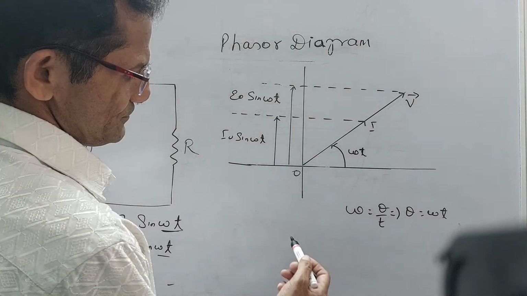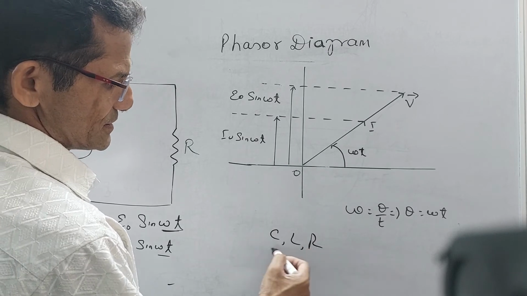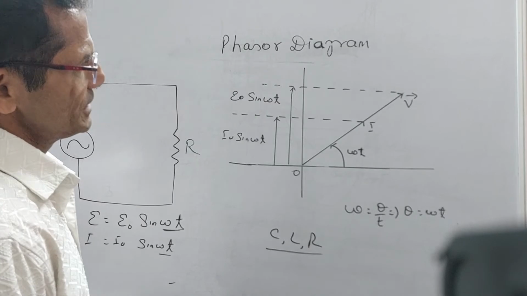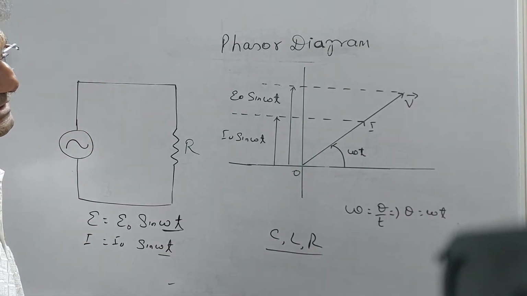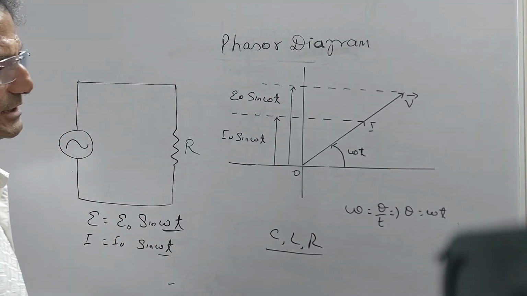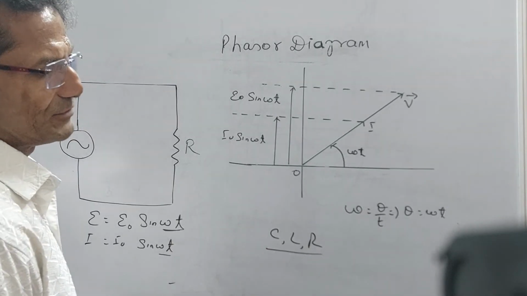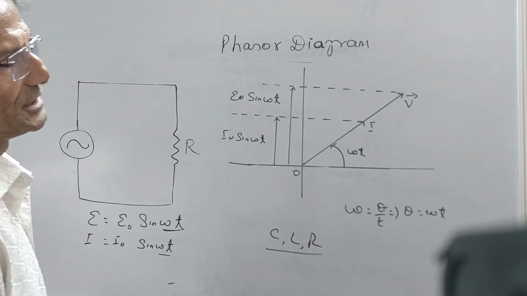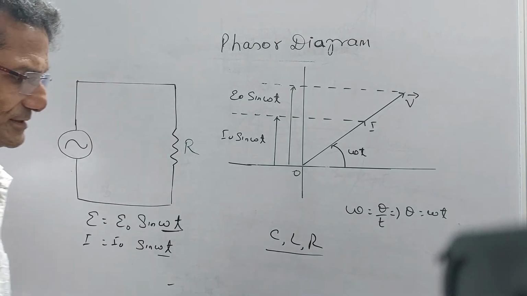If we use voltage and current as phasor vectors, we can easily simplify them to calculate the phase angle of current with respect to the voltage. Therefore, we generally prefer phasor diagrams for calculating the phase angles of current and voltage.